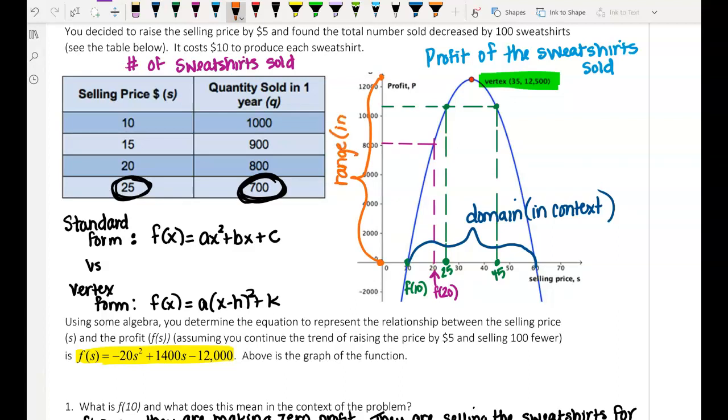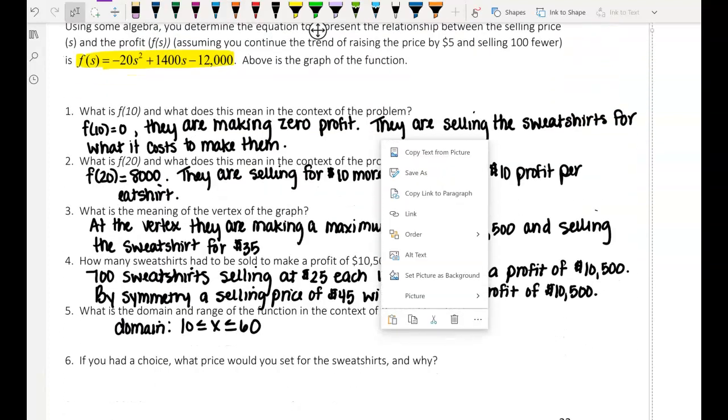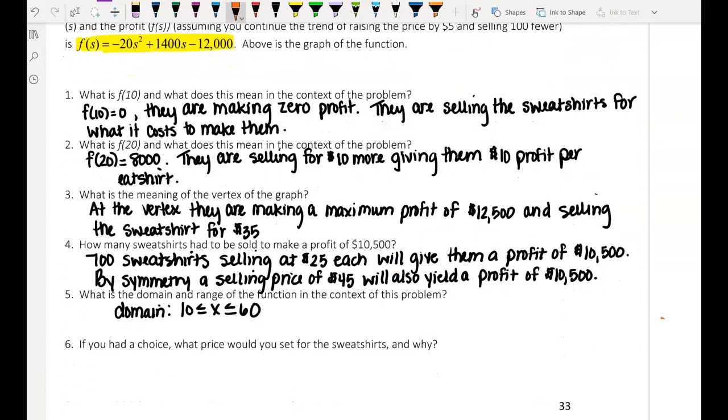Again, in context. We're not talking about the range of the full function. We're talking about the range in context of this specific situation and how we would write that. We would say our range is 0 is less than or equal to y is less than or equal to 12,500.